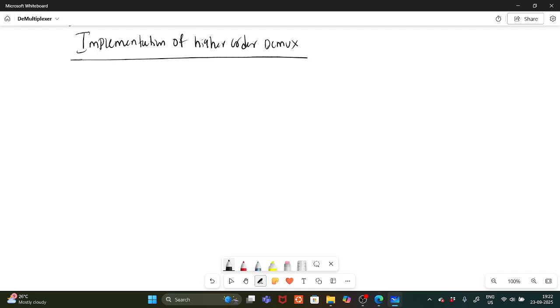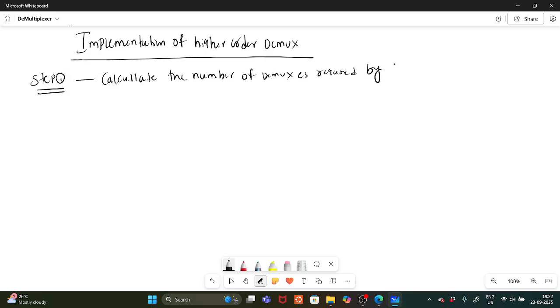Step 1: Calculate the number of demuxes required by dividing higher order with lower order.